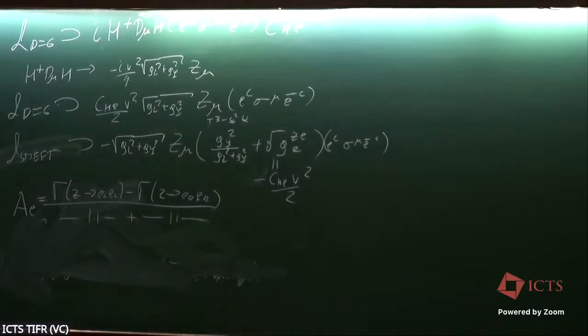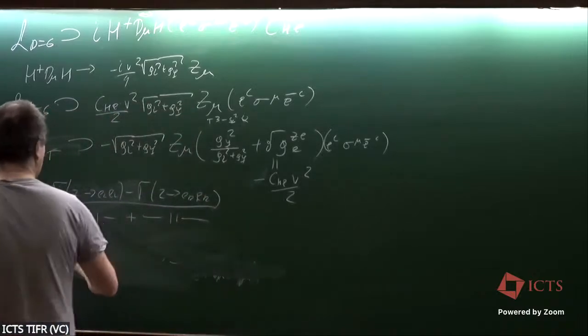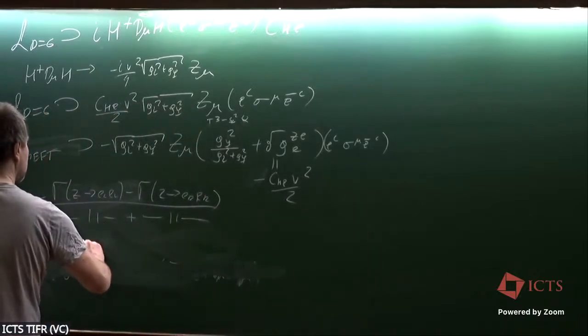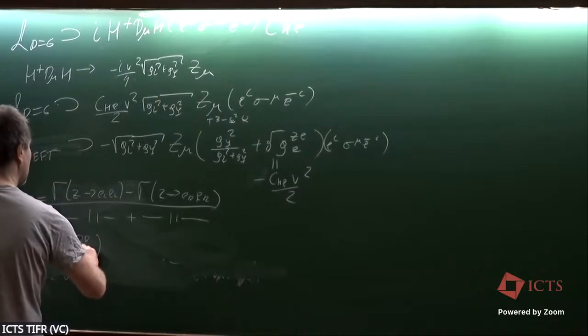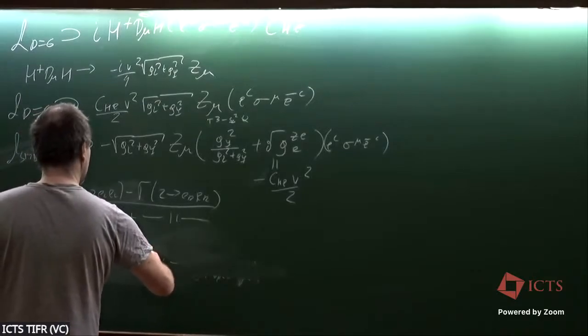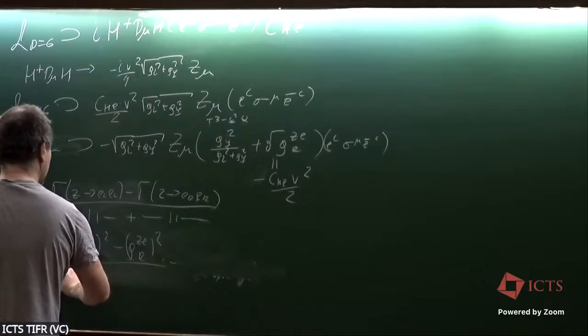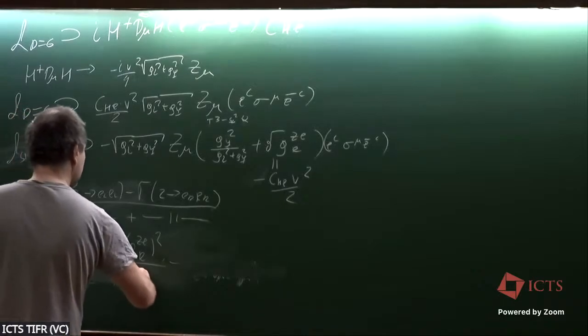So this we can just write as g_ZEL squared minus g_ZER squared, over the same thing with a plus.